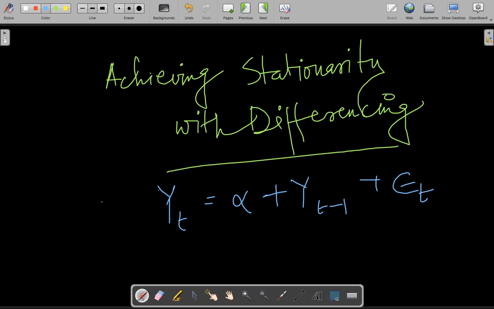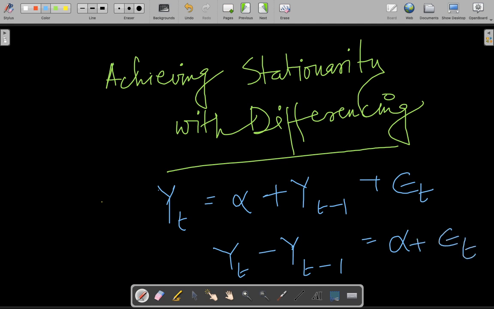Now, if I do the differencing, you can simply subtract the previous time period value from the present time period value, which means I can do yt minus yt minus 1 equal to alpha plus epsilon t.